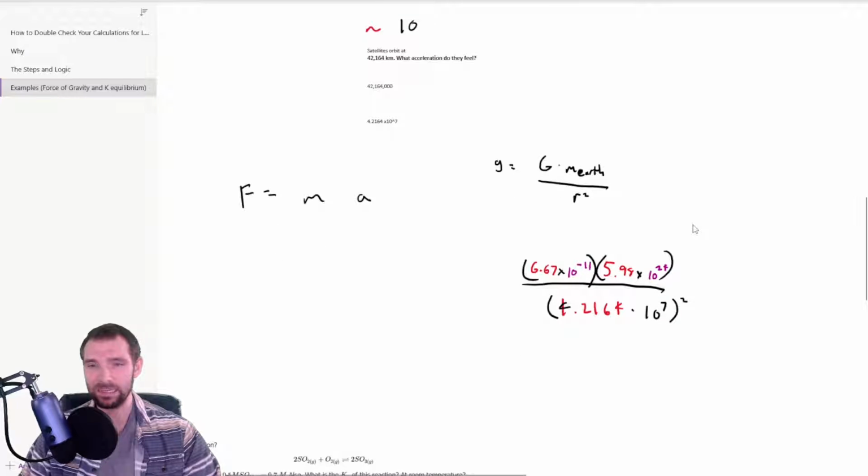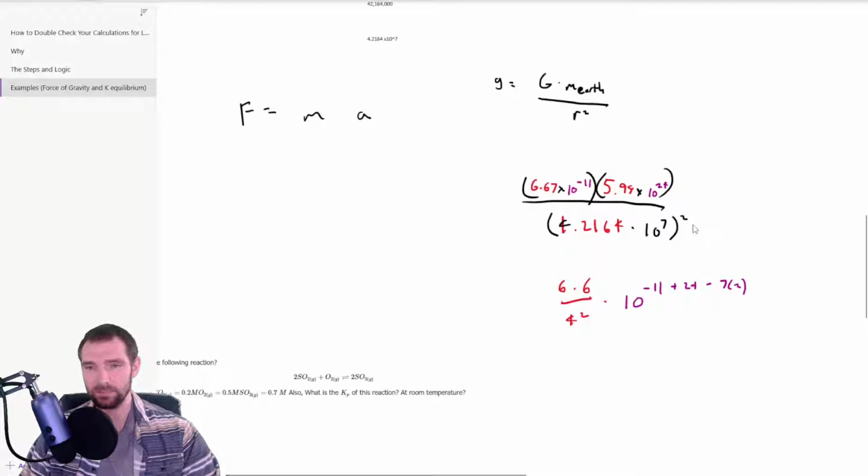Without doing any of this math, I can see that I've got 6 times 6 all over 4 squared, so it's going to be a little bit different there. But then we have our 10, in this case 10 up to the negative 11 plus 24, but actually minus 7 times 2.